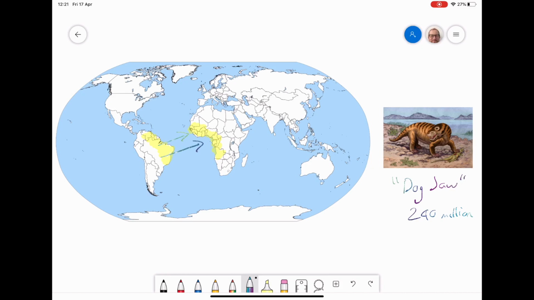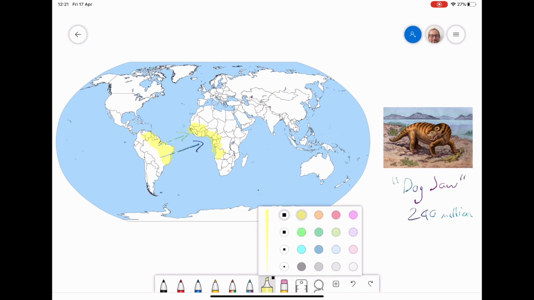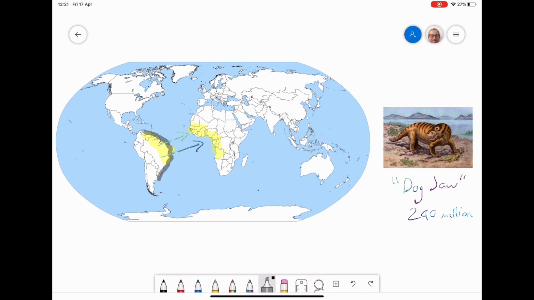And if we look at the actual shape of both of these landforms, we can see that this shape here and this shape here would actually fit into each other, a bit like a jigsaw.